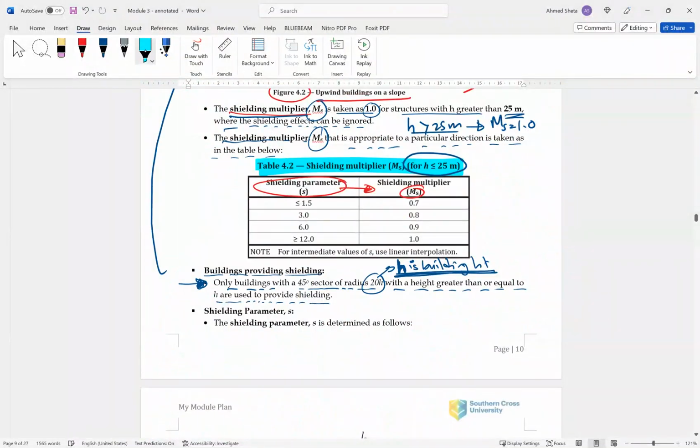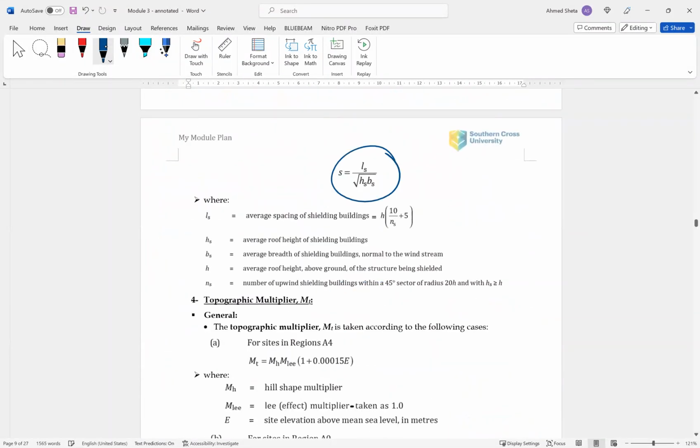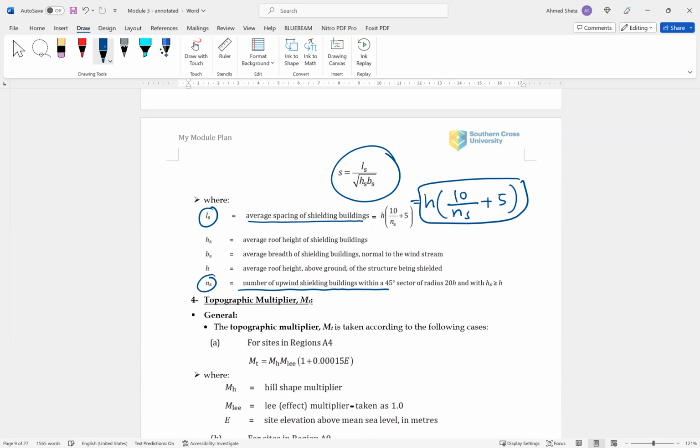Okay, what is the shielding parameter S? The shielding parameter S is determined as follows. S equal to LS over root HSBS, where LS is the average spacing of shielding buildings equal to H times (10 over NS plus 5), where NS is the number of upwind shielding buildings within a 45-degree sector.